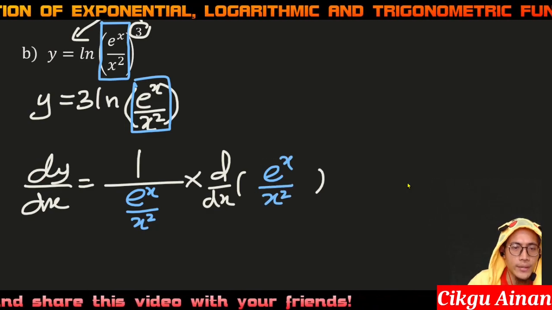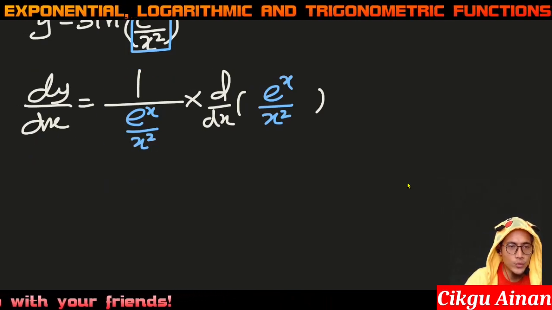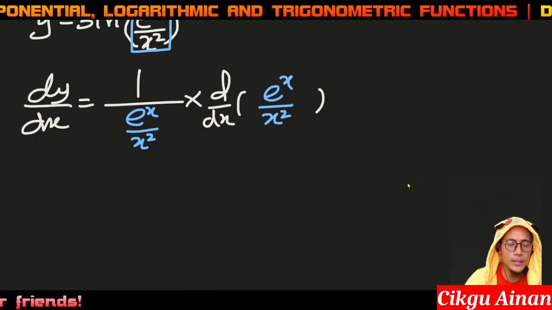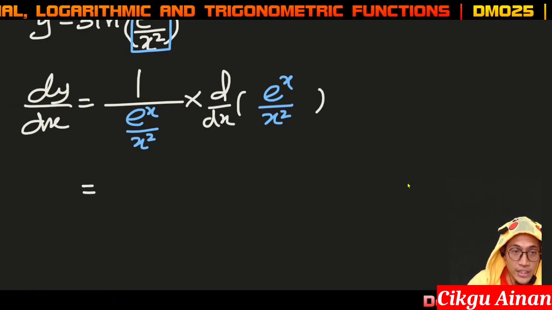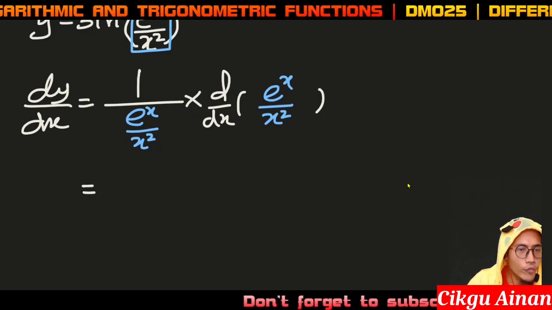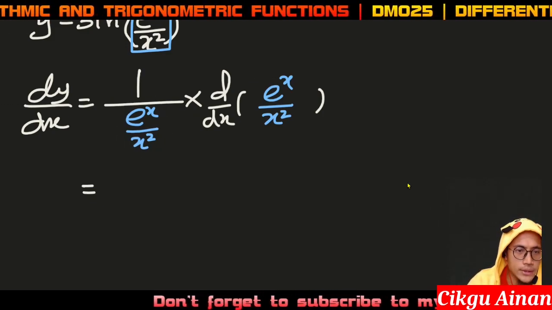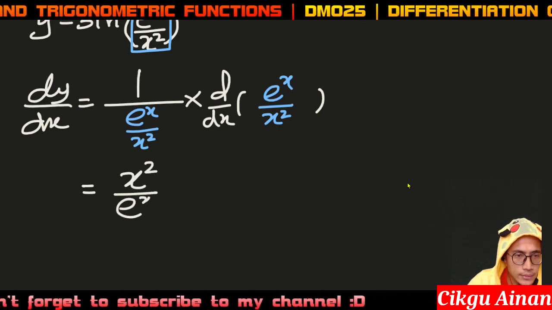x squared. Now for this one, since we have a small fraction inside another fraction, we're going to simplify this one first. It will be 1 over this fraction, and we just turn it upside down like this.